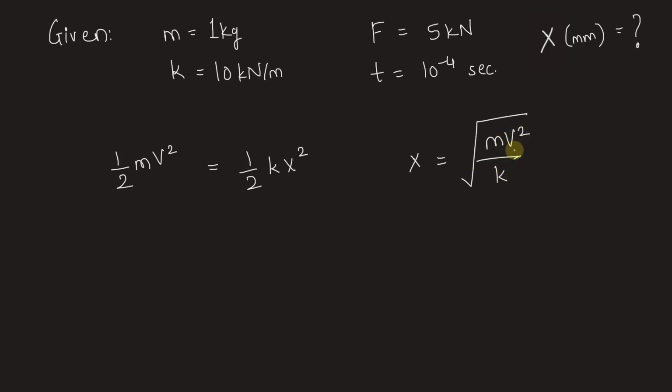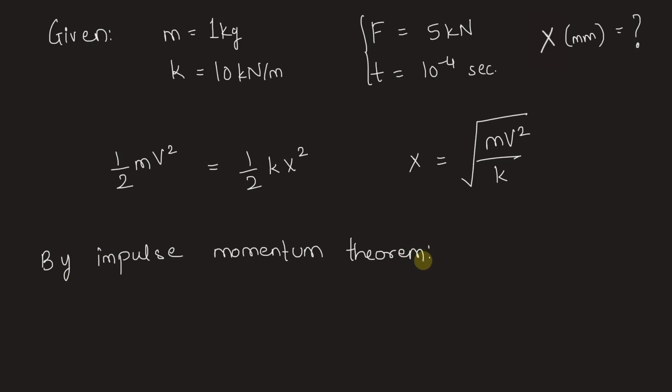But we don't know the velocity of the mass here. We only know the mass and the stiffness. So this velocity of mass can be found out using the impulse force and the time for which the force is applied. Using these two we can find out velocity by the impulse momentum theorem, because when the impulse force is applied, the energy is transferred by changing the momentum of the system.